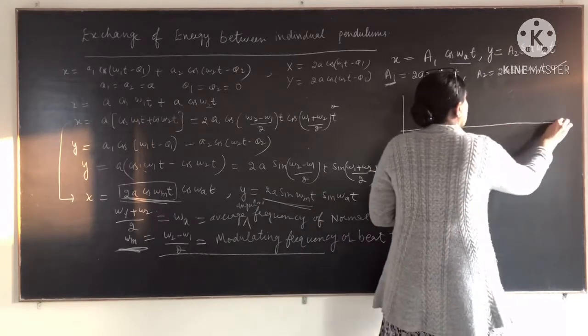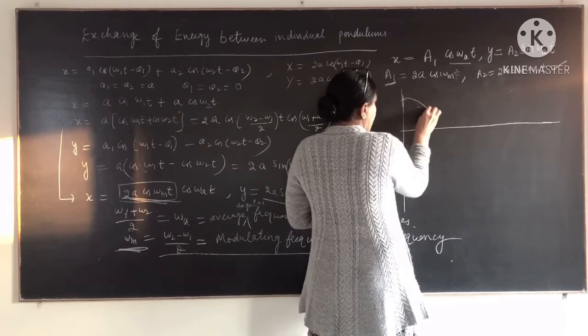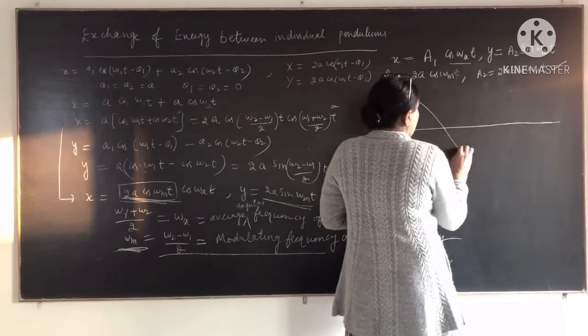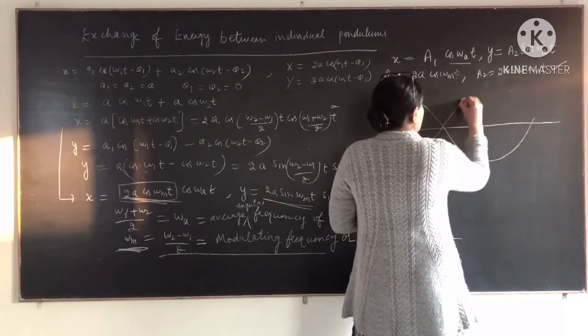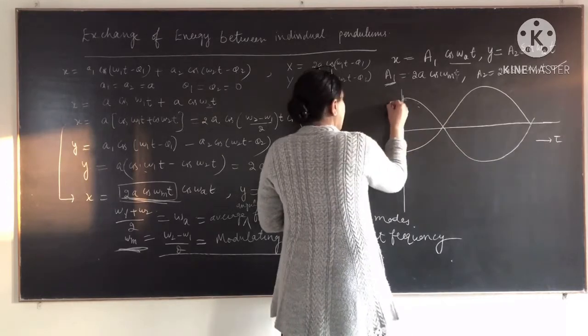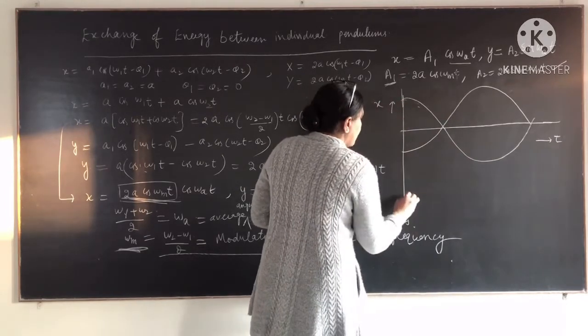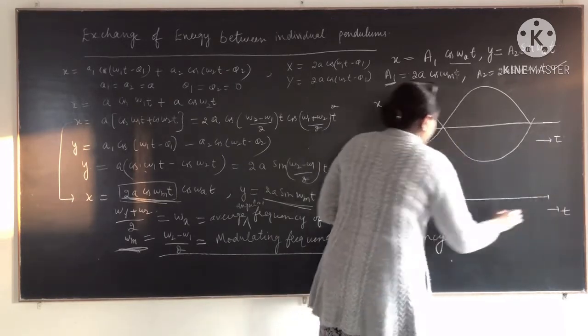So first I draw this. This is t, and here this is x. Similarly we draw for y, small y. This is small t, time.